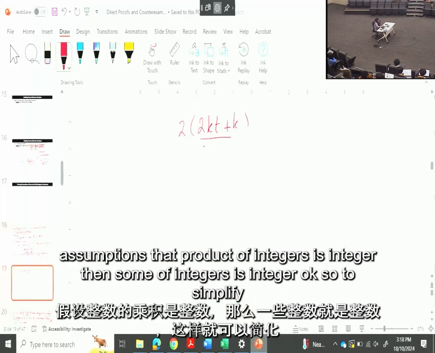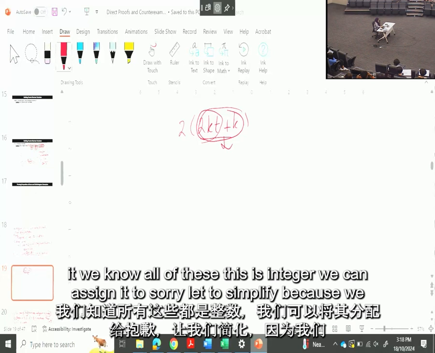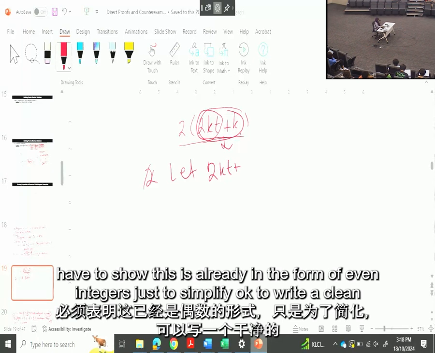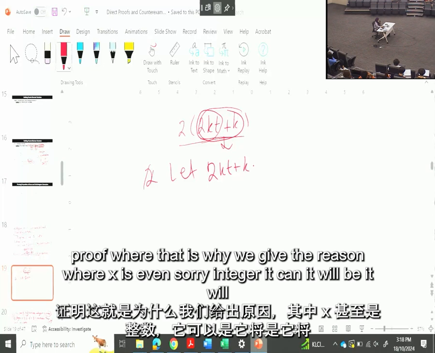From the assumptions, the product of integers is an integer, and the sum of integers is an integer. So to simplify, we can assign it to x, because we have to show this is already in the form of an even integer, just to write a clean proof. That is why we give the reason where x is an integer.